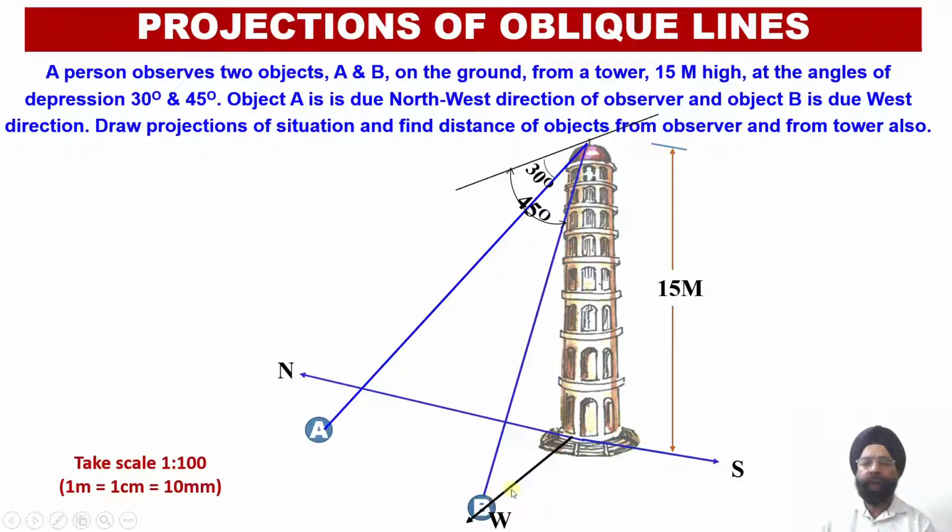These two strings are the rays of sight from the observer as he views object A and object B.